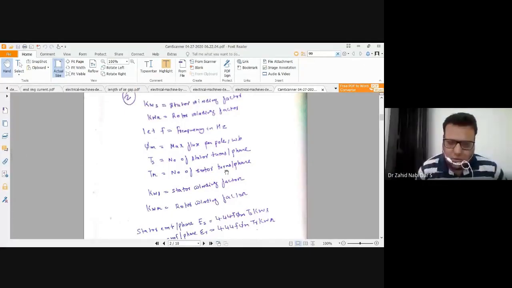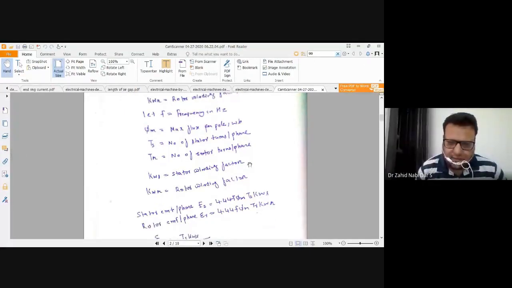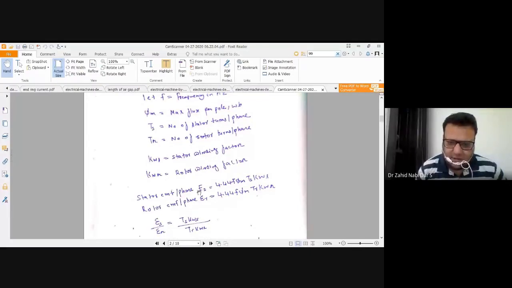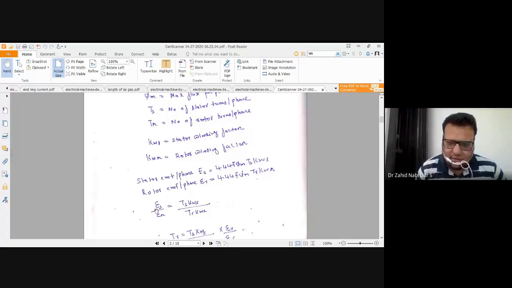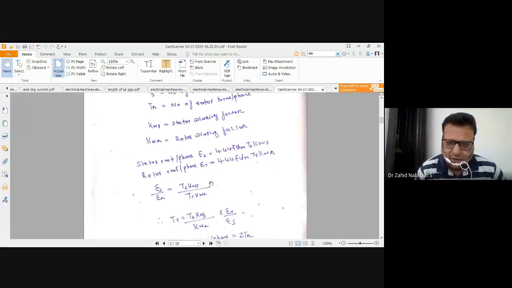Now you can divide the ES equation by the ER equation. When you divide, of course the 4.44 cancels, F goes, phi max goes. You are left with TS KWS over TR KWR.